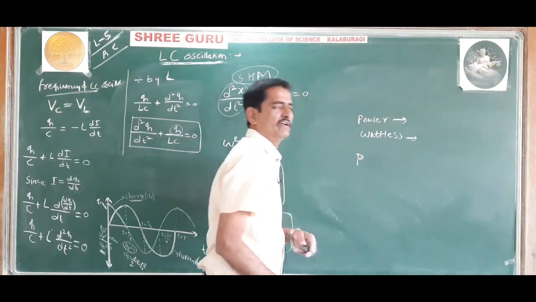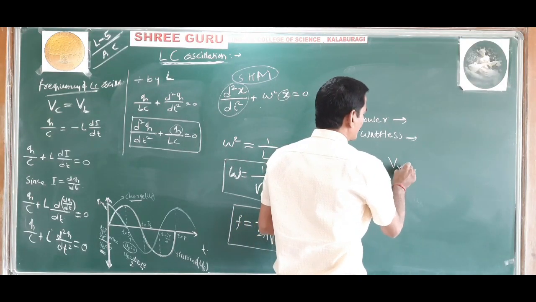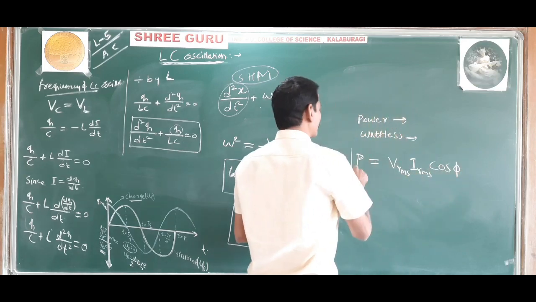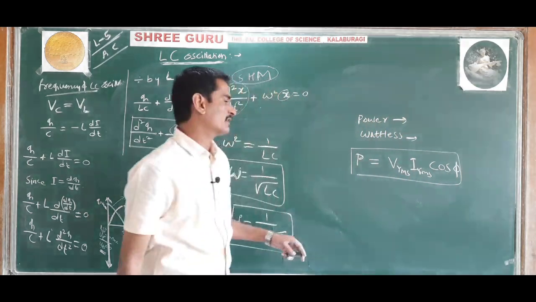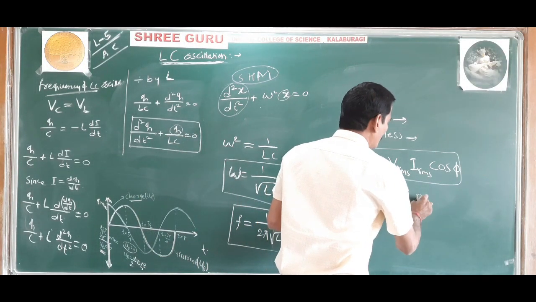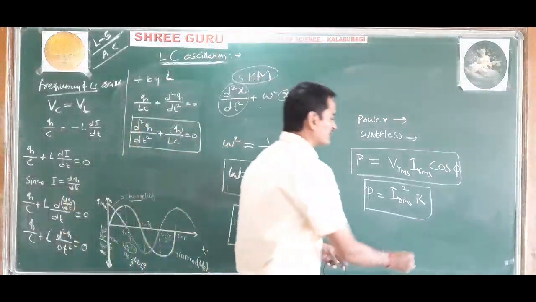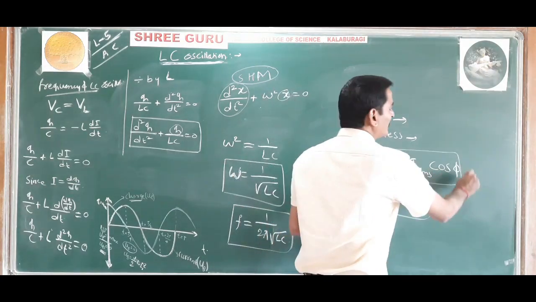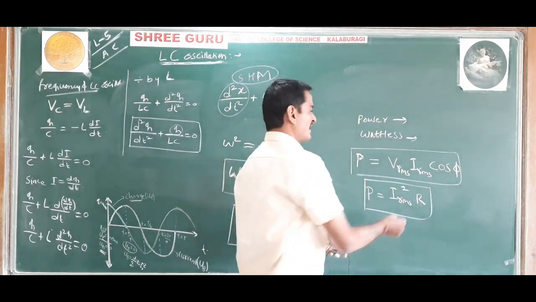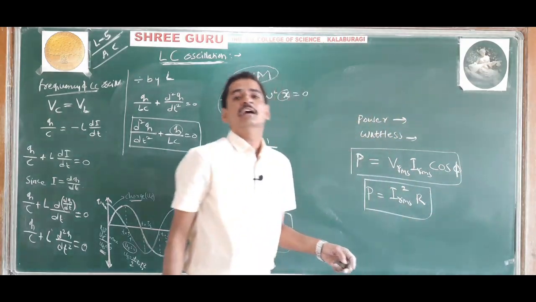The average power dissipated in an LCR circuit is given by P is equal to Vrms into Irms into cos phi, or you can write this as P is equal to Irms squared into R. Here P is called the power dissipated in an LCR circuit, Vrms is the applied voltage, Irms is the AC current, and phi is the phase difference between the current and voltage.